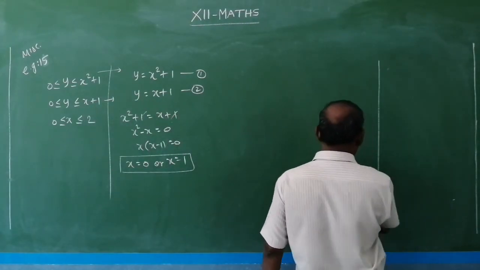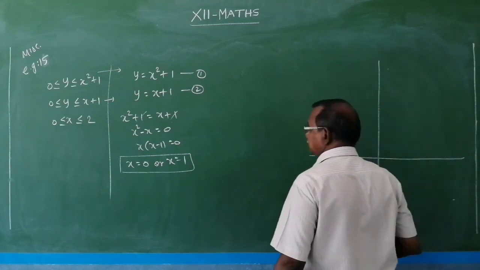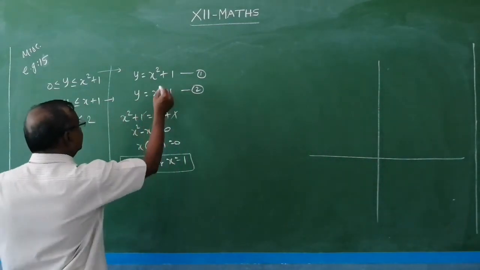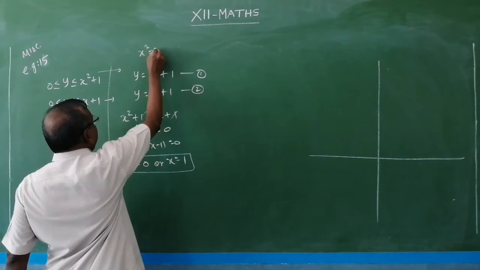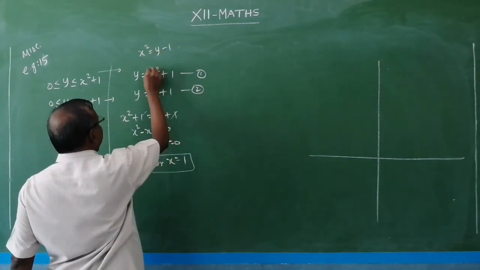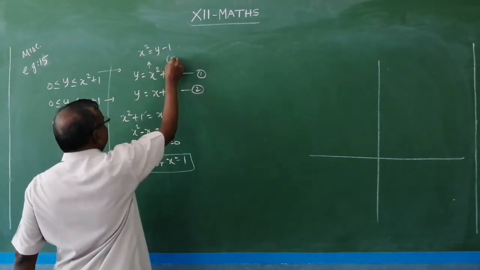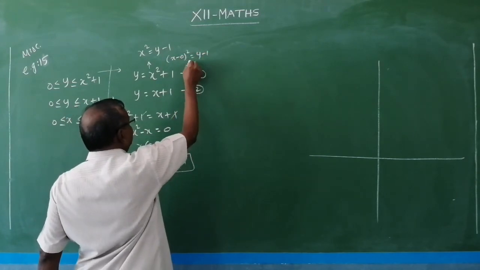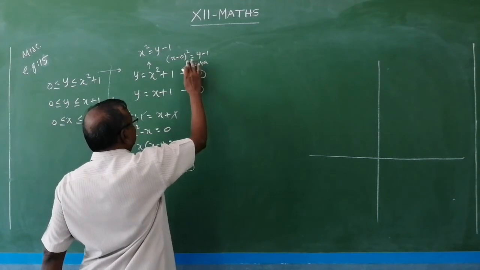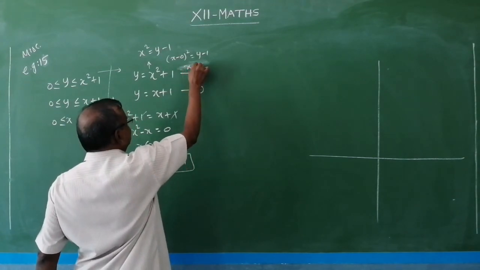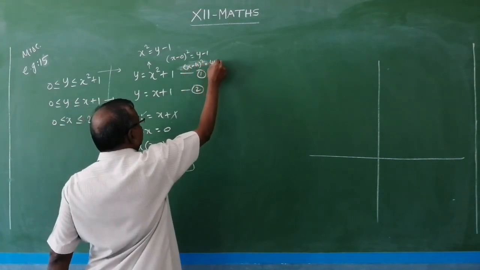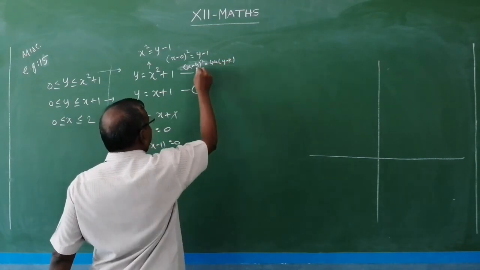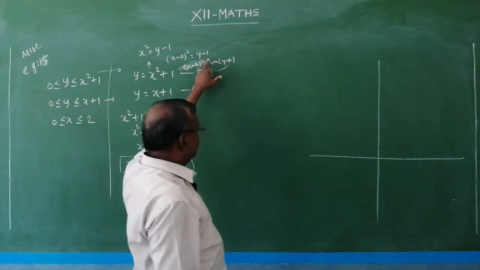Let us sketch the rough diagram. In the first function, x² = y − 1, so we can write this as (x − 0)² = y − 1. This is in the form (x − h)² = 4a(y − k), so (h, k) is (0, 1).